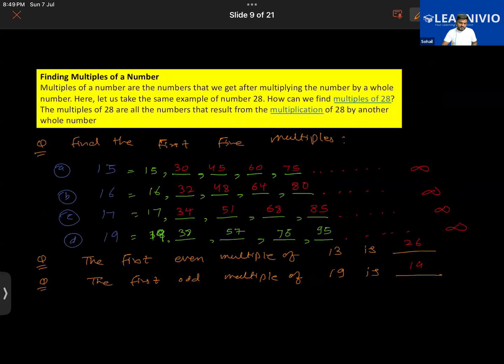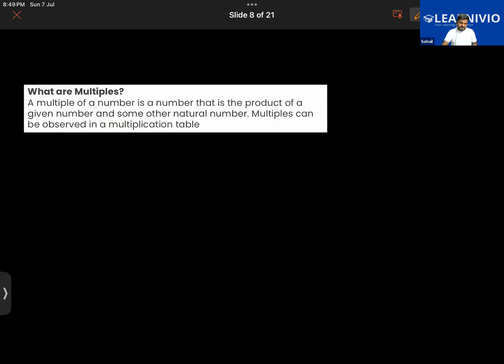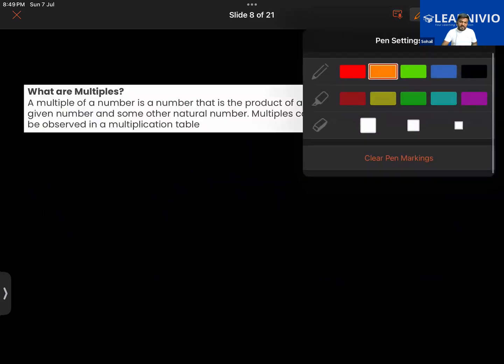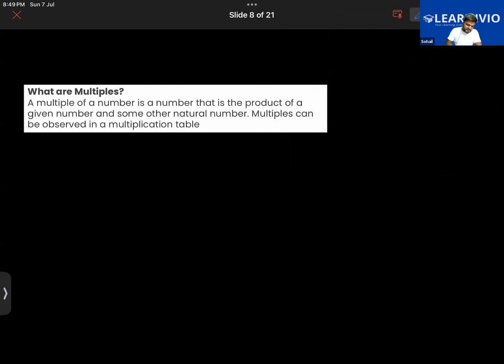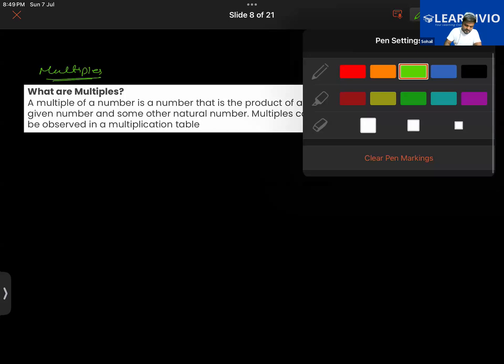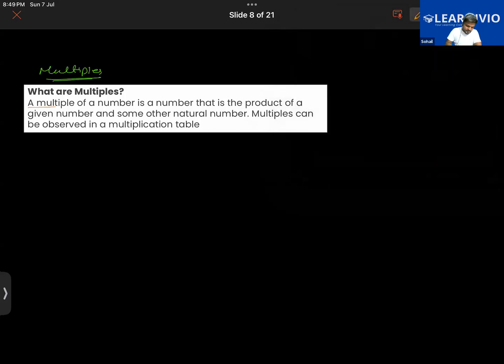So you do one thing. First of all, write the definition of multiples and then we will be writing down the properties. First of all, give the heading multiples, then write what I'm highlighting here. A multiple of a number is a number that is the product of a given number and some other natural number.